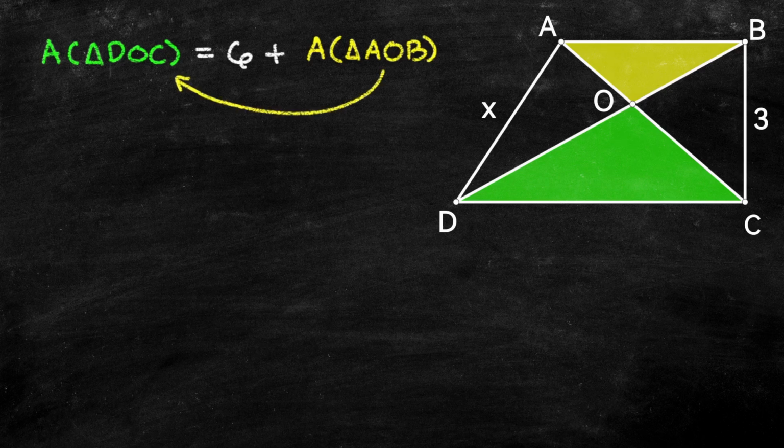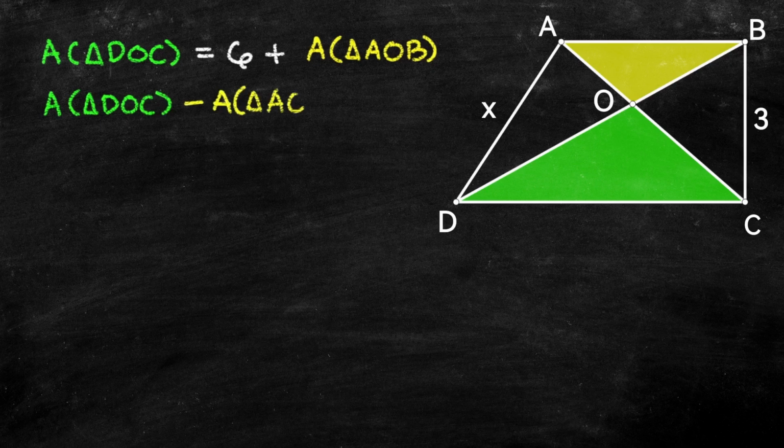Transpose the area of triangle AOB to the left side, so the equation becomes the area of triangle DOC minus the area of AOB is equal to 6. We are going to need this equation for later, but for now let's move forward.